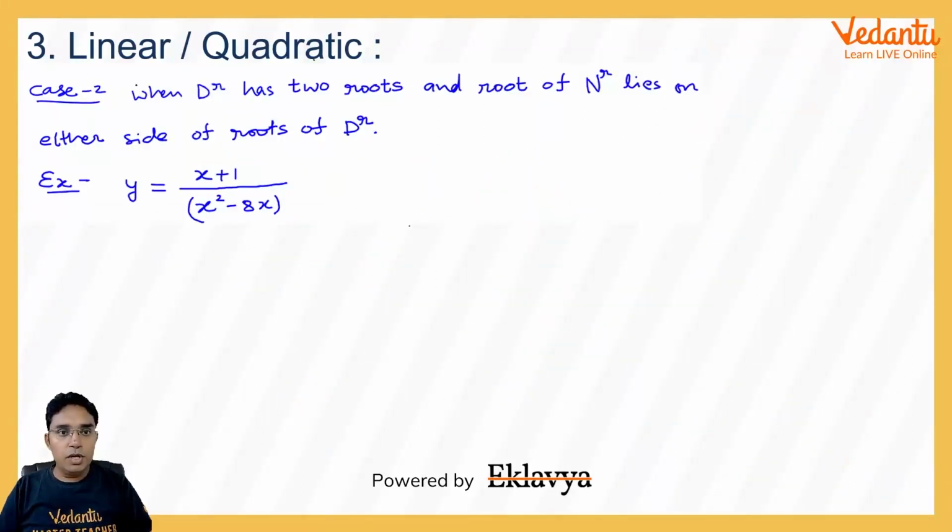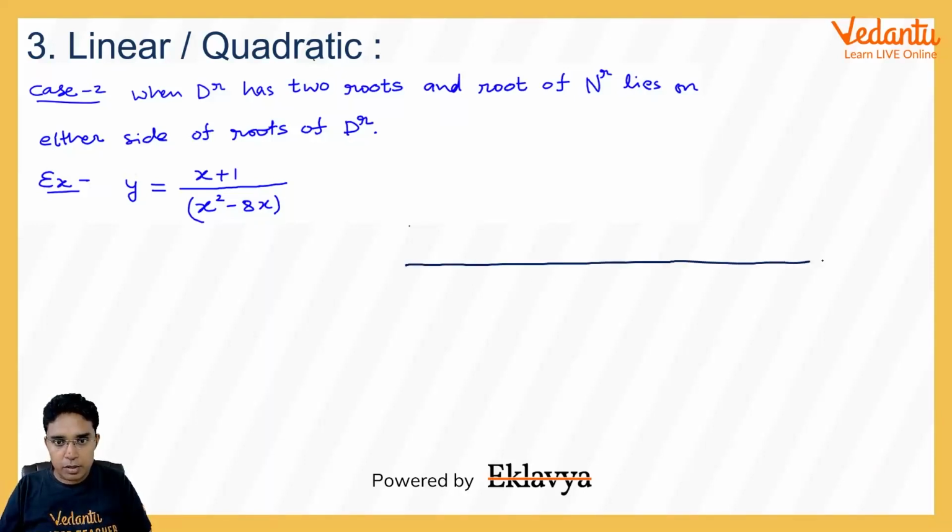Now coming to linear upon quadratic case 2, where the denominator has 2 roots and the root of the numerator lies on either side of the roots of the denominator, meaning it will be lying either on the left or on the right hand side. I have taken once again the reciprocal case of our first quadratic upon linear case.